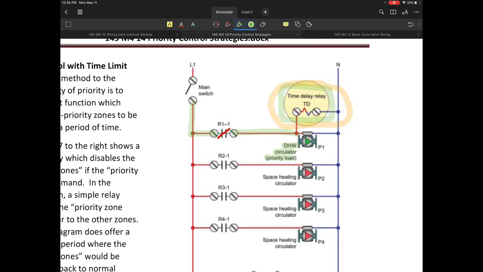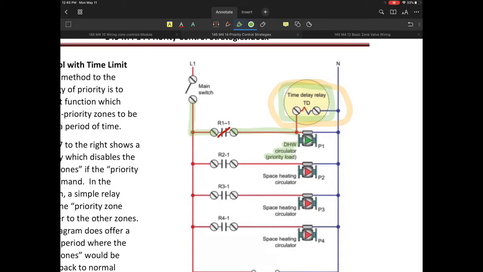Once that circuit becomes energized, the time delay relay now becomes part of the circuit. So we are energizing simultaneously the circulator as well as the time delay relay. Whatever that function is, you might set it up for a 1 hour time period or maybe a 30-minute time period.